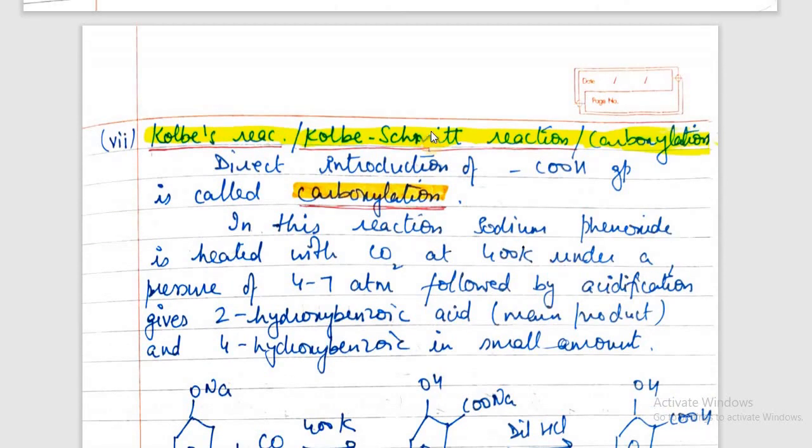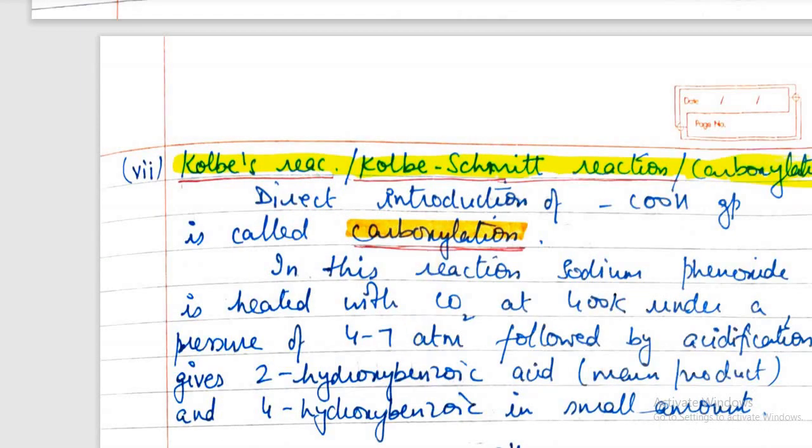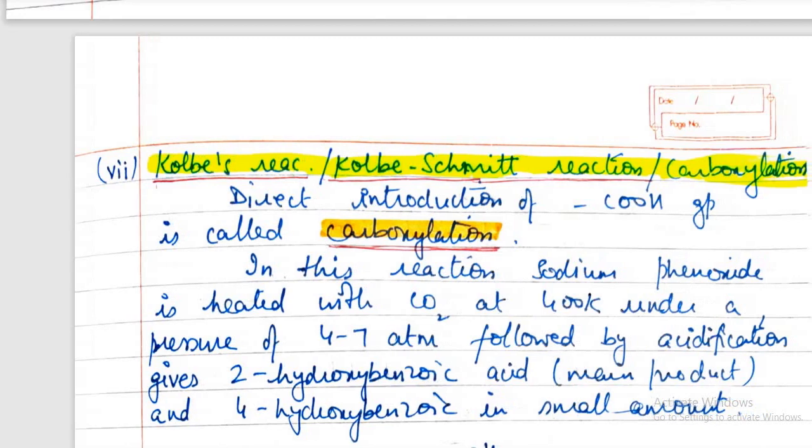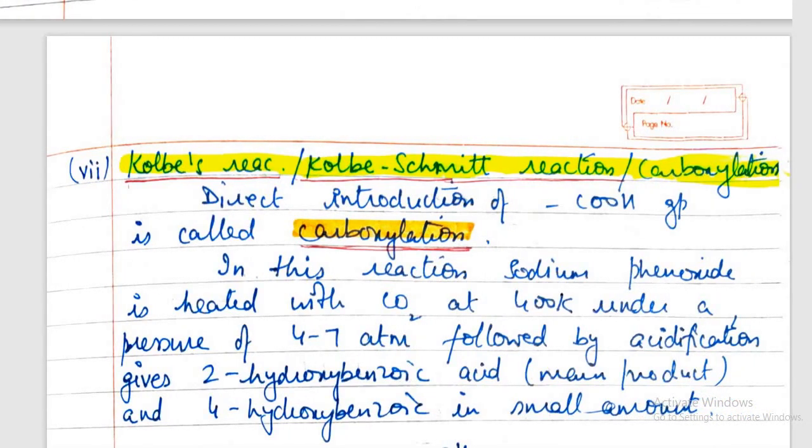Kolbe's reaction, or the Kolbe-Schmitt reaction, also called carboxylation. So it is a carboxylation reaction also. Why? Because in this a COOH group is introduced directly.